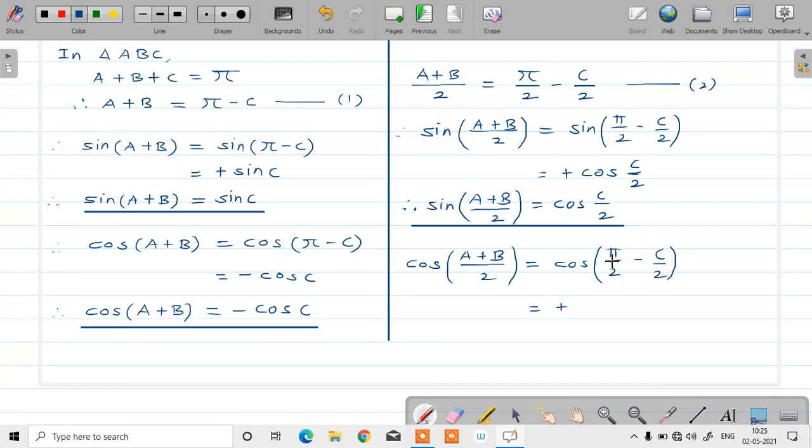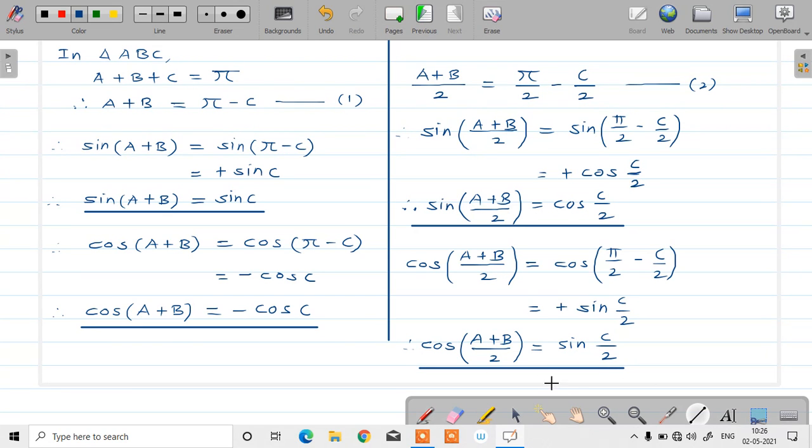Now it is 1 into pi by 2, so an odd multiple of pi by 2, so you have to change the ratio, so that is sin(c by 2), and hence we get cos((a plus b) upon 2) is equal to sin(c by 2). So this is another formula.